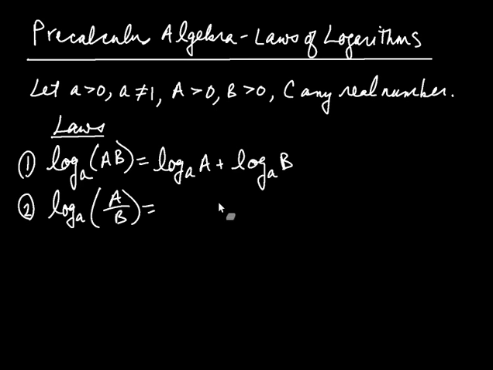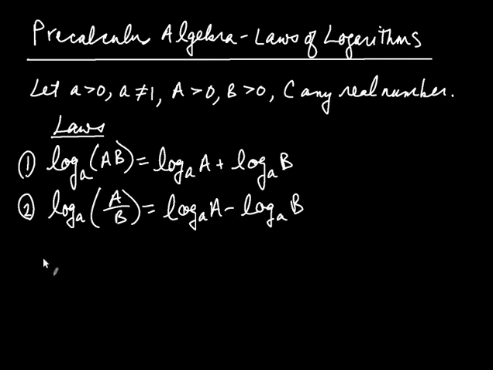Okay, so log base a of a quotient is log base a of big A take away log base a of B. In other words, log takes a quotient to a difference. So a product gets sent to a sum, and a quotient gets sent to a difference.